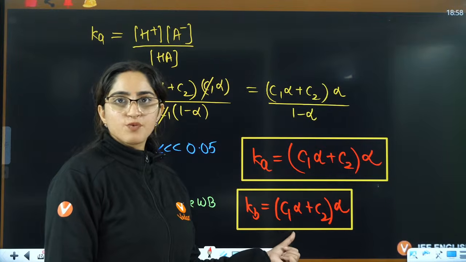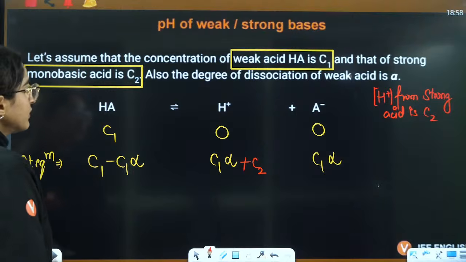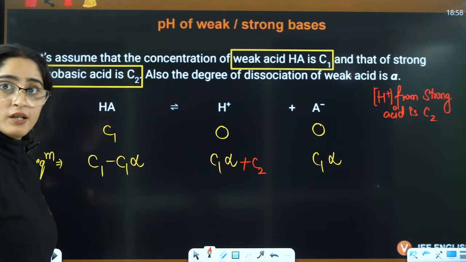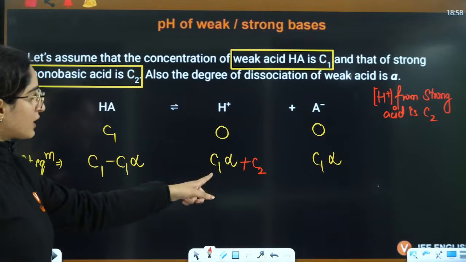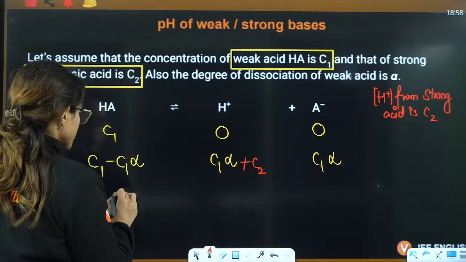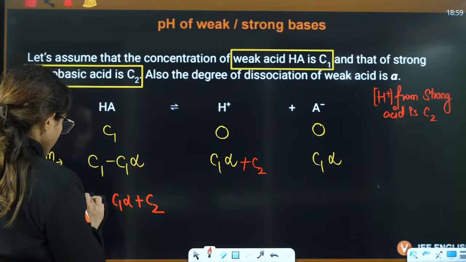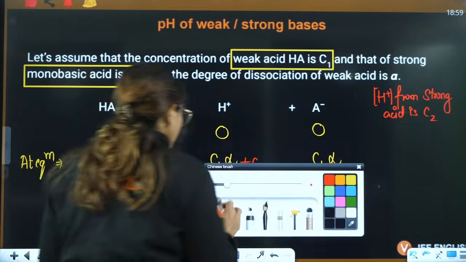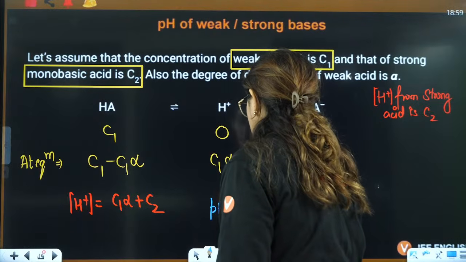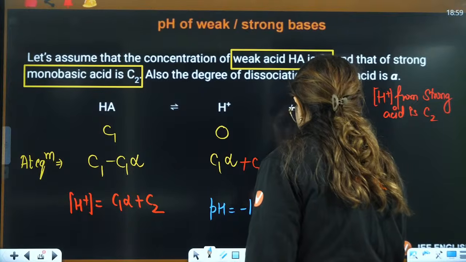And one more thing here: what is the value of H positive? That is C1 alpha plus C2. We'll put all these values, and the pH will follow from this. If the H positive concentration is C1 alpha plus C2, then your pH is equal to minus log of C1 alpha plus C2.